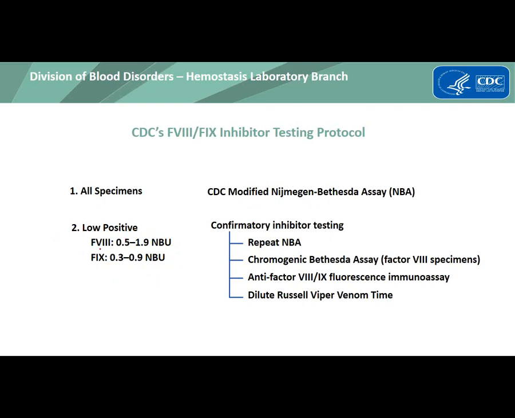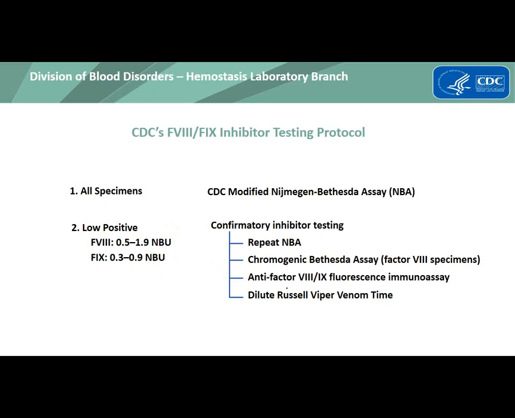And I will mention that this is a relatively low percentage of our samples overall. For the factor VIII, it's around 2 or 3%, and for the factor IXs, it's around 1 or 2%. But these low positive specimens get a repeat Nijmegen-Bethesda, as well as, in the case of the factor VIII specimens, a chromogenic Bethesda assay.